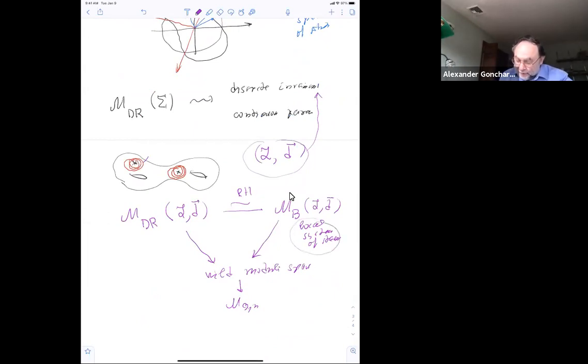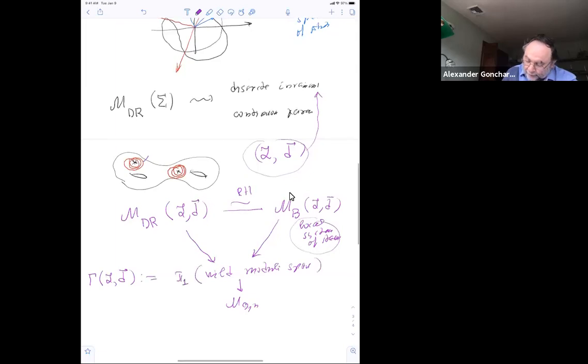And for me, the important upshot of all this discussion is that there is a certain group, let's call it gamma alpha D. This group is a fundamental group of the corresponding connected component of this moduli space. Now, once again, why is this wild moduli space much bigger?